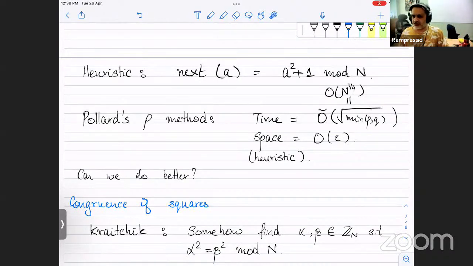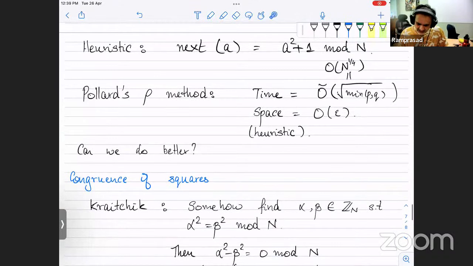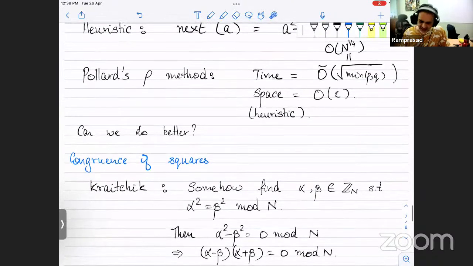Now, how to find this is something that we'll have to figure out in the next couple of lectures. But let's first ask ourselves, even if you did find something like this, how is this supposed to help you? The key point is that this means that alpha squared minus beta squared is zero mod n. And the left-hand side factorizes nicely as alpha minus beta into alpha plus beta.